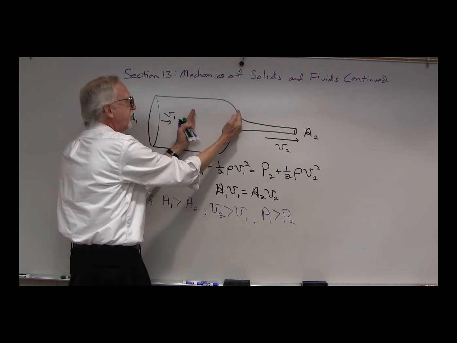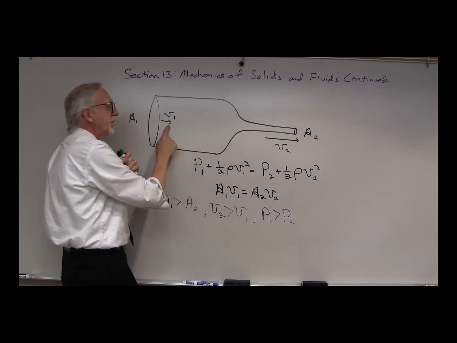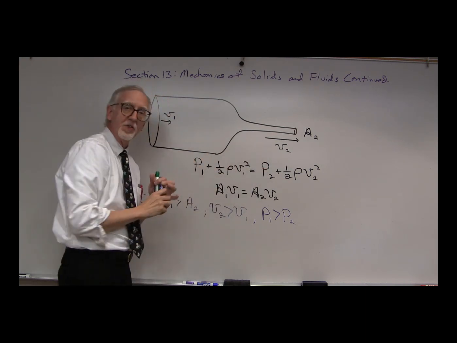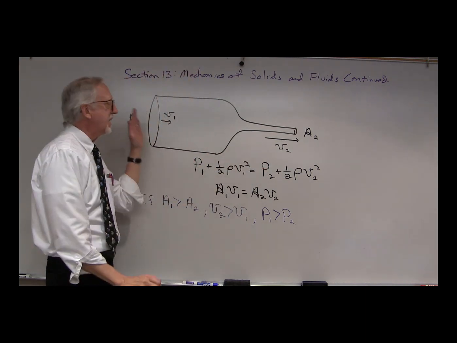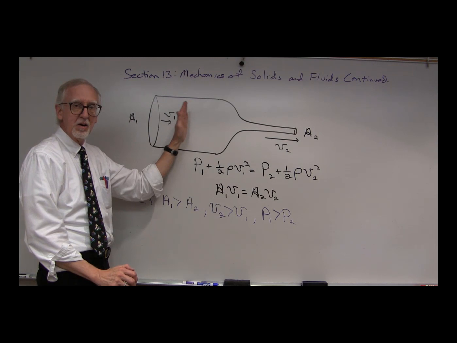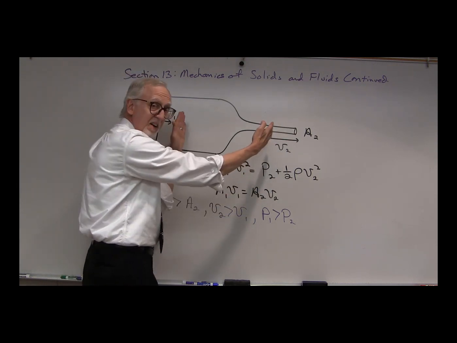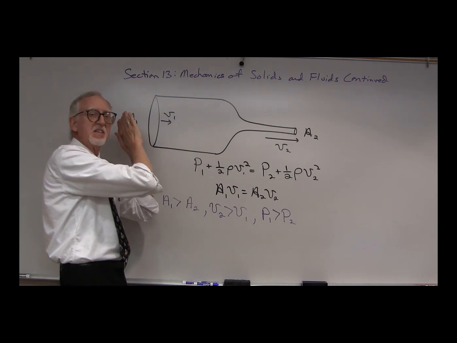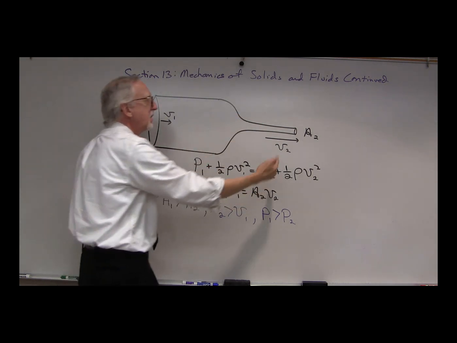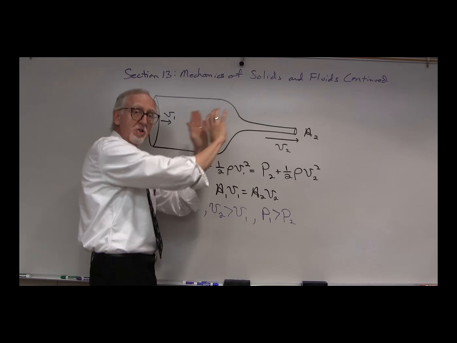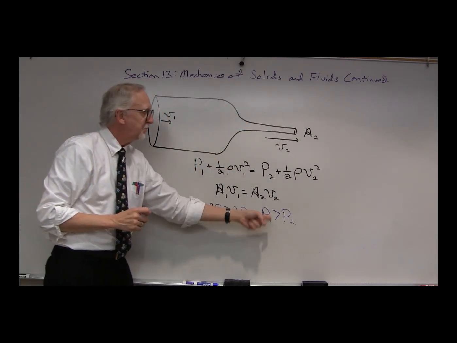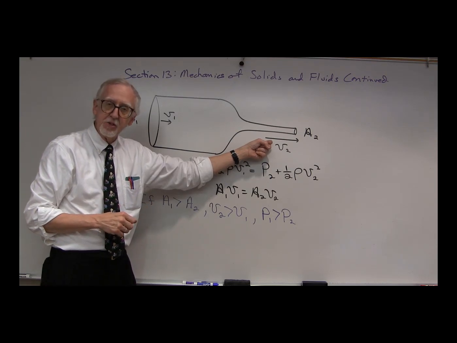If we look at some fluid right in here, the fluid is going from a small velocity to a large velocity, which means we must have more force over here, less force over here. So we must have a greater pressure over here to accelerate that fluid, less pressure over here so that the pressure can accelerate. So the pressure over here, P1, must be larger than the pressure over here, P2.